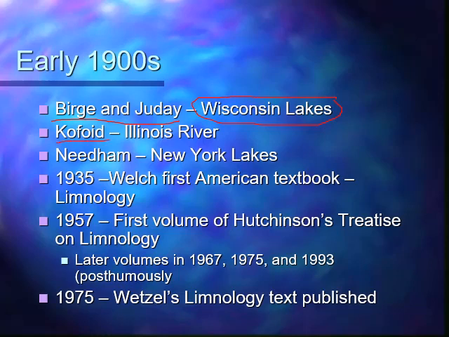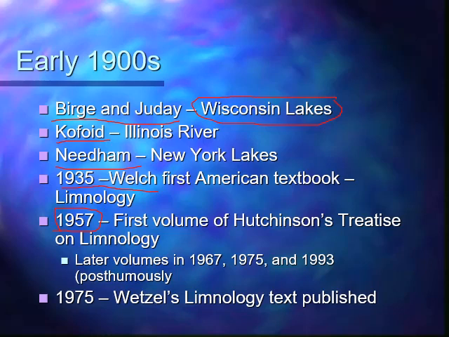Kofoid did a lot of work on the Illinois River, Needham on New York lakes. The first American textbook was published in 1935 by Paul Welch. There was a German textbook already published by a fellow by the name of Ruttner. The classic work in limnology is probably this right here, the first volume published in 1957 by G.E. Hutchinson, who was at Yale University.